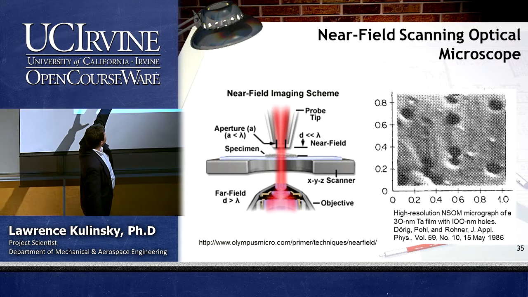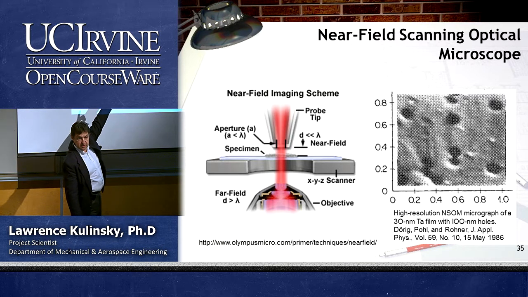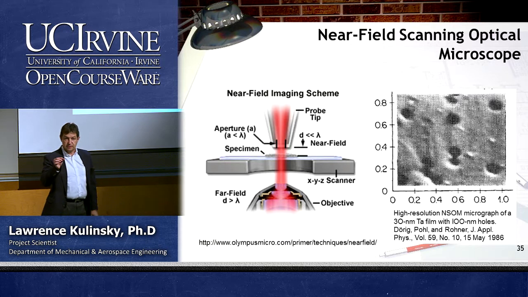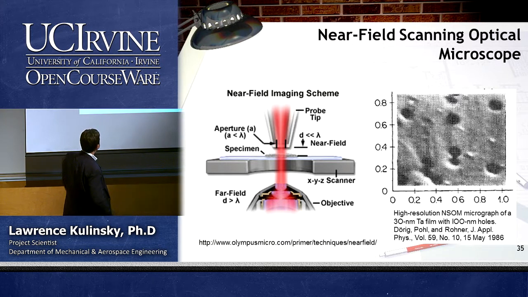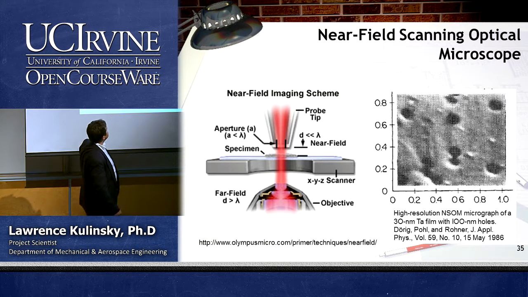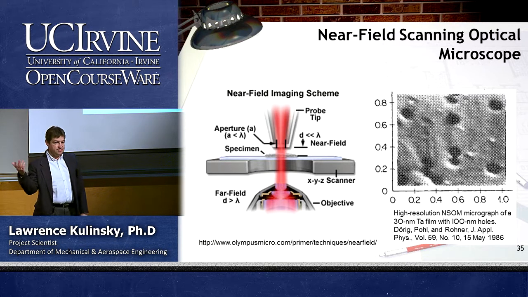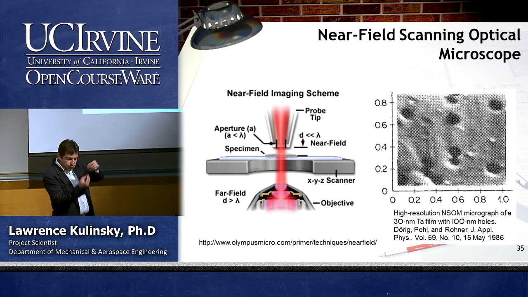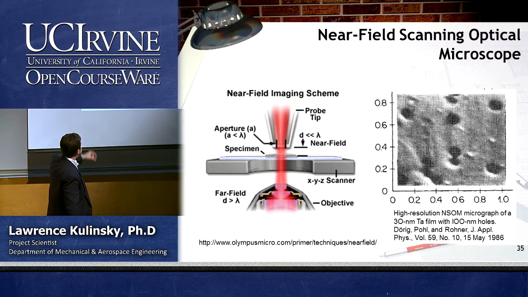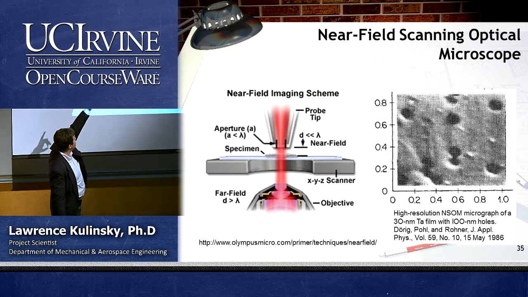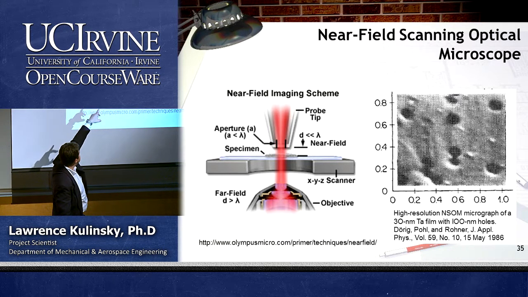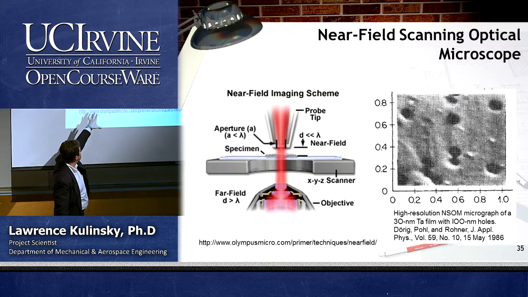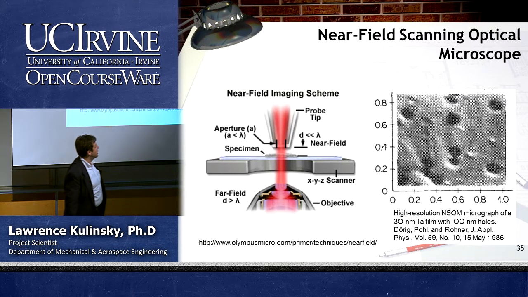So what you have is a tip that contains a waveguide. It's very sharp. The waveguide itself needs to be on the order of nanometers, maybe 30 nanometers. So you have pulled glass with a very sharp tip, and you have light coming from the tip, going through your specimen sample and collected here by an objective.